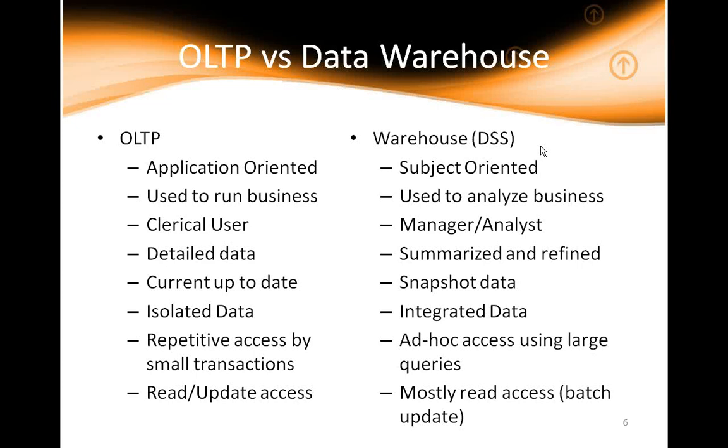So data generated by various applications will be integrated and stored at a single place. That is the difference between OLTP and a warehouse, right? And the data warehouse can also be called OLAP, online analytical processing.